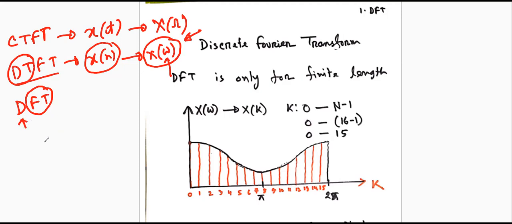What was your Fourier transform previously? If we look at this diagram, from 0 to pi, what we have learned previously, in the negative portion we have the same sort of signal, isn't it?